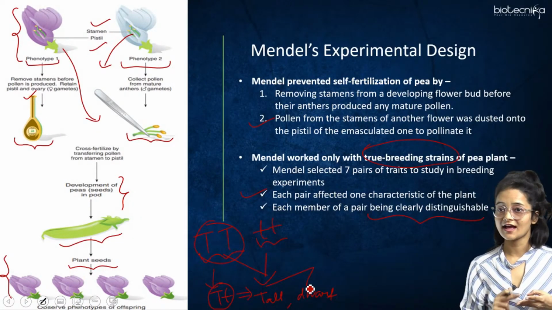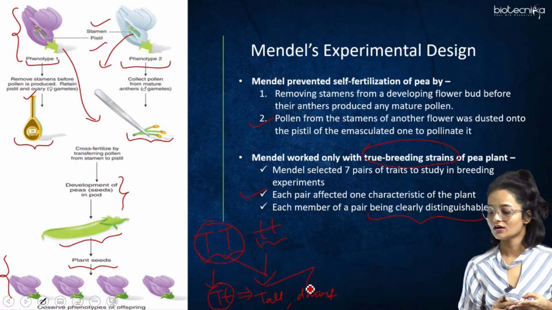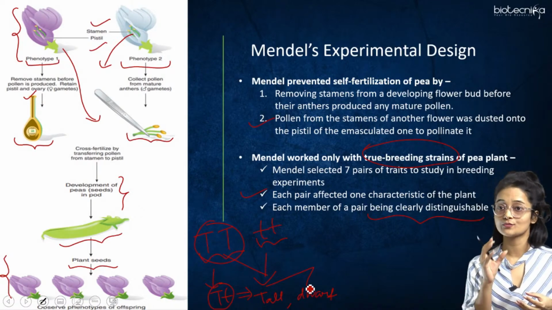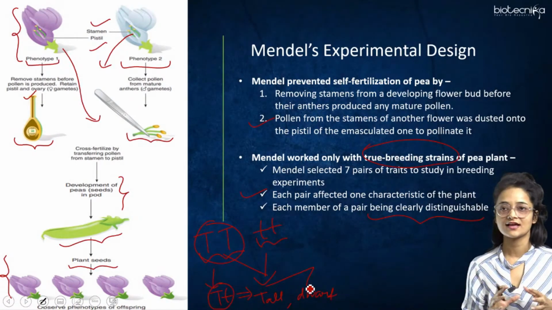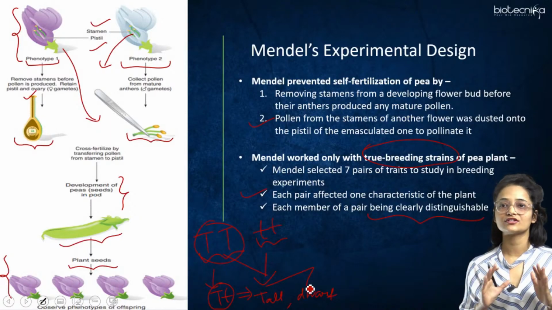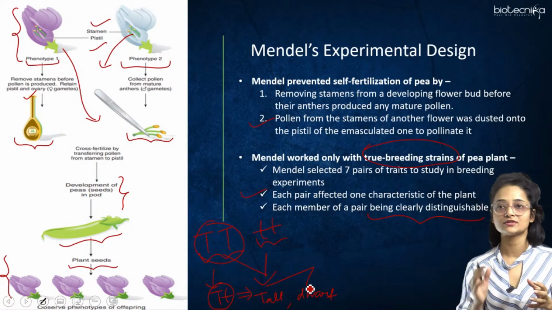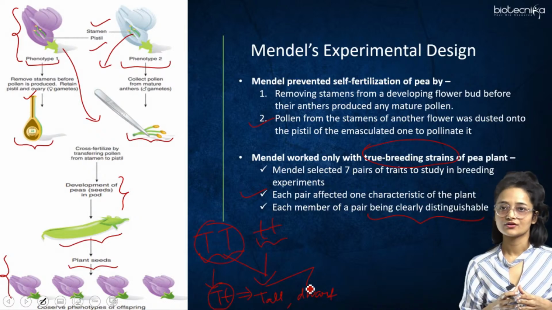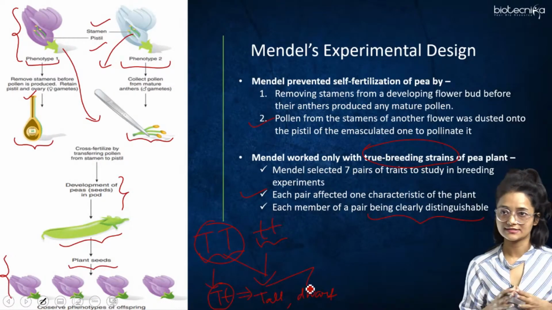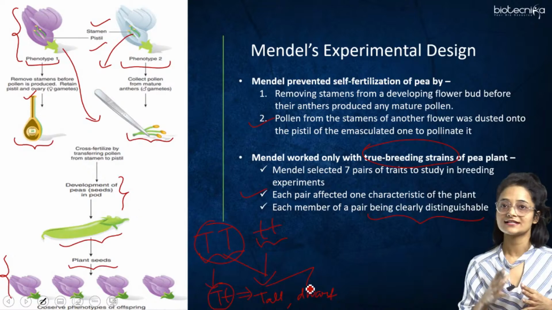So here the blending has taken place. But in the experiment which Mendel performed, there was no blending. All the characters were distinguished from each other, and only two possible outcomes were there. Right? So it showed complete dominance in whatever experiment Mendel performed.